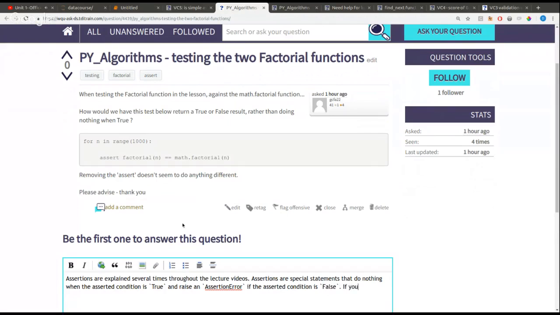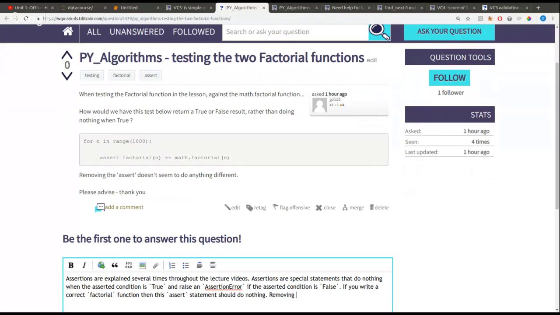If you write a correct factorial function, then this assert statement should do nothing.